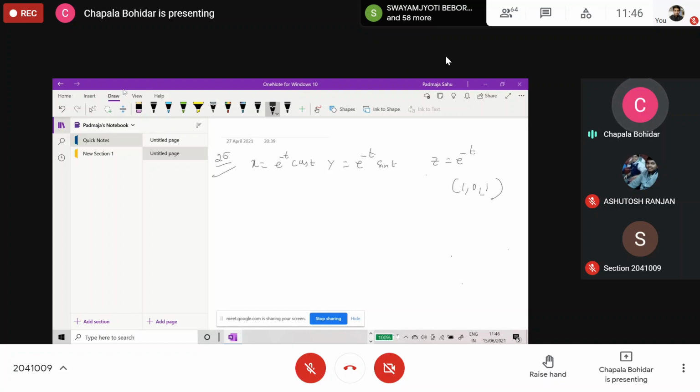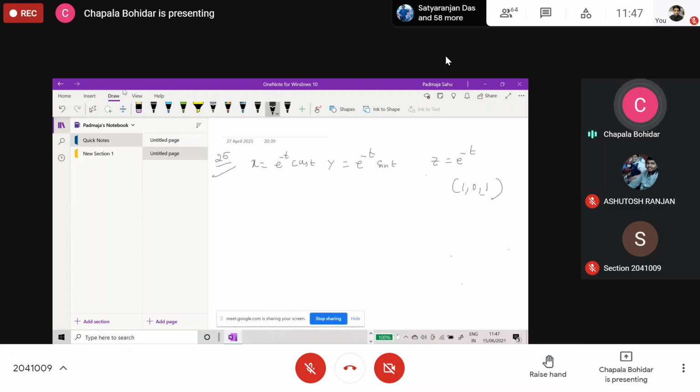So how many formulas do you have for the curvature of the curve? Tell me. Curvature of the curve, kappa, is equal to absolute value of T dash t by absolute value of r dash t, one formula.